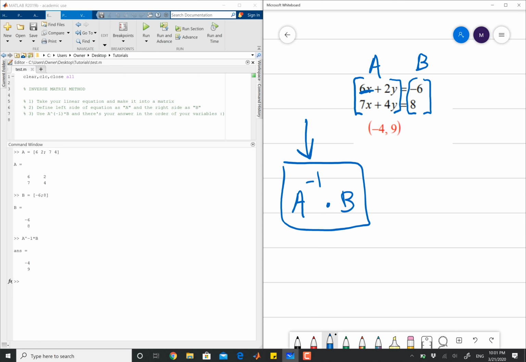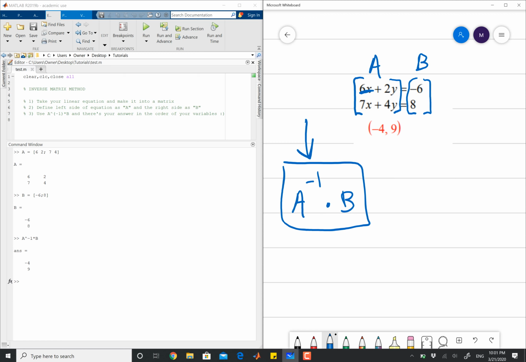But since you have x and y, it's always going to be -4, 9, x and then y, okay? I hope this makes sense. I'm going to clarify this one more time. If you want to know which one is your x and which one is your y, take a look at your equation. If your x came first, if this is a 6x, the first answer, that -4, is going to be your x. And the second one is always going to be your y, okay?